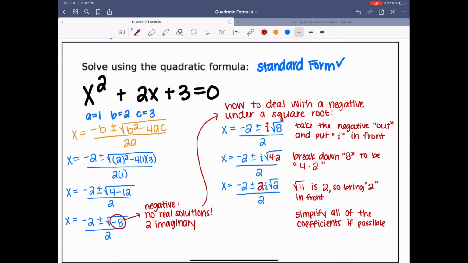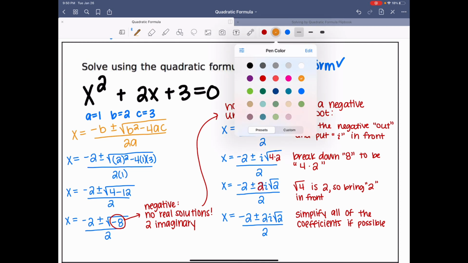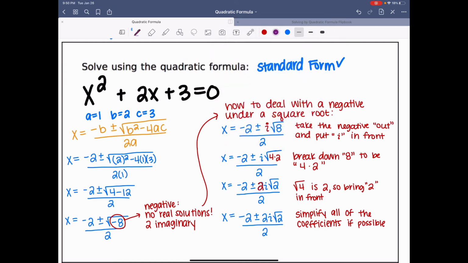So what I mean by that is we have x equals, now I'm looking at negative 2 plus or minus 2i square root of 2. A lot of 2's here. But I'm going to look at the coefficients. Now coefficients, I'm going to do this in a different color. Okay, so coefficients are these numbers. Negative 2 over 2, and then this 2 over 2.